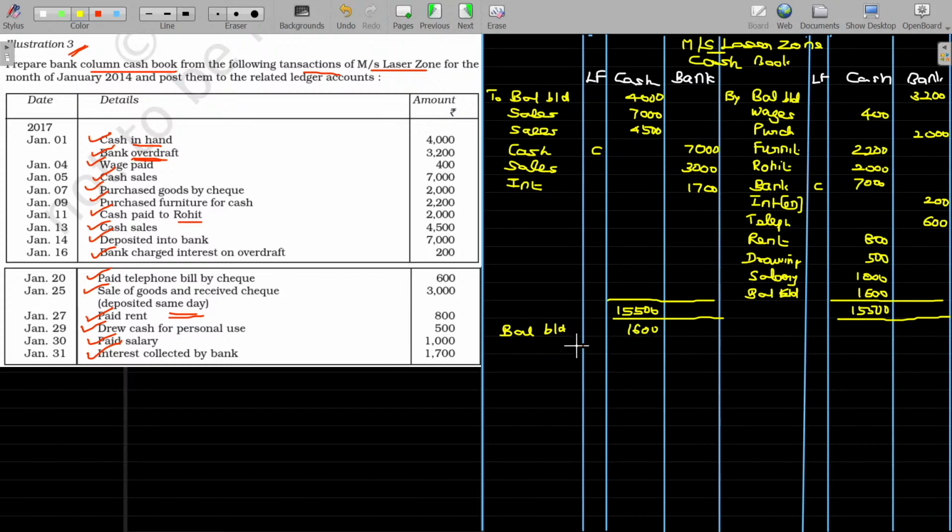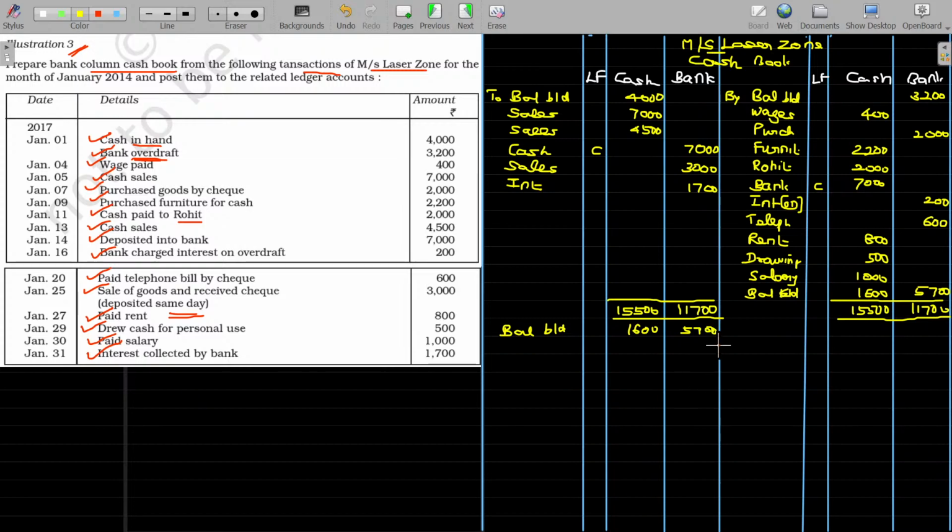When it comes to the bank column, I get a positive balance again: 11,700, 11,700. We started with a negative balance, overdraft, and ended with a positive balance of 5,700. Is that okay?